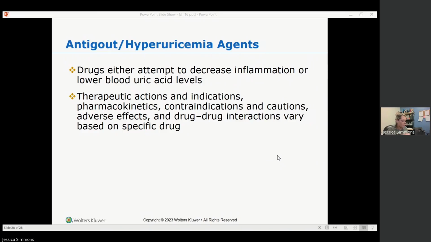The most common medications in this classification are allopurinol and colchicine. Colchicine is for acute management of gout flares, and allopurinol is more for chronic gout.